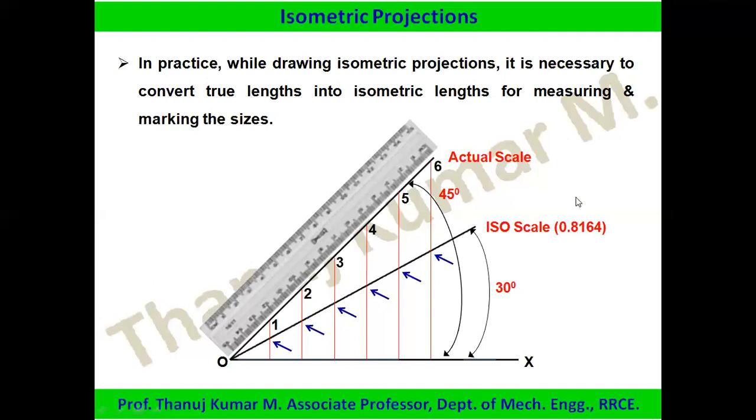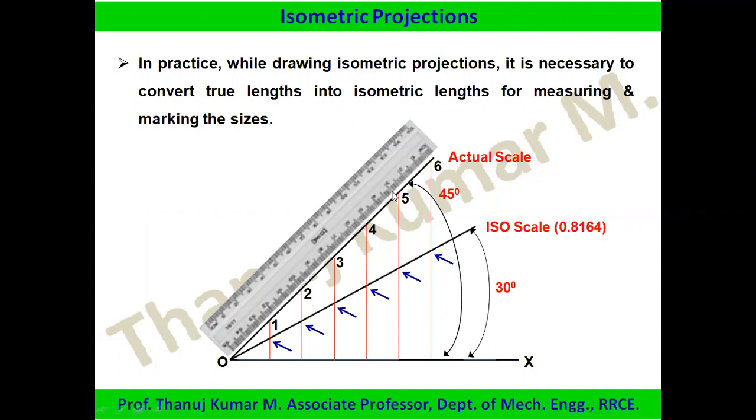So let me tell you how it is done. First, draw the OX line, a horizontal line. Then from center O, draw one more line at 30 degrees to the OX line. Draw one more line from center O to the OX line at 45 degrees. The 45 degree angle line is called the actual scale. You're keeping the exact measurements of the scale on this line.